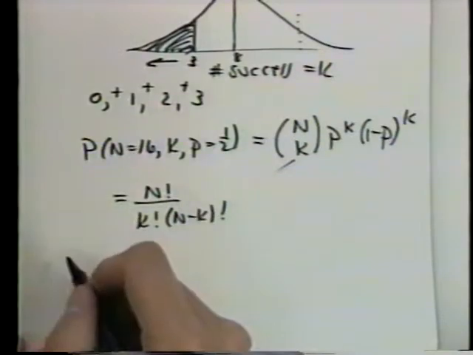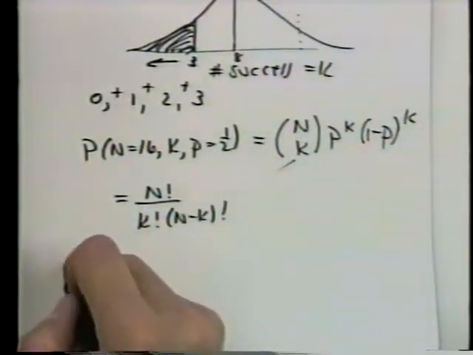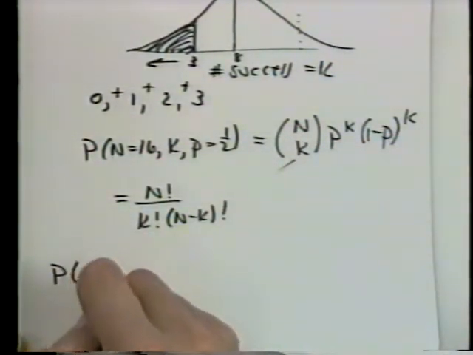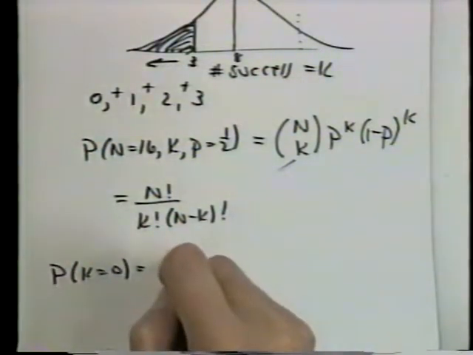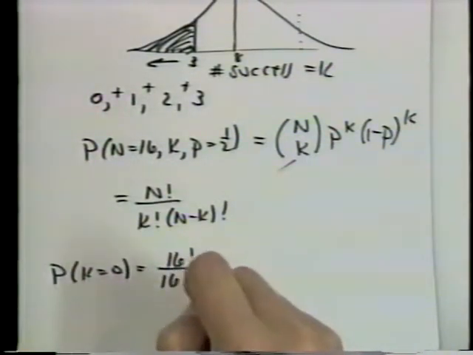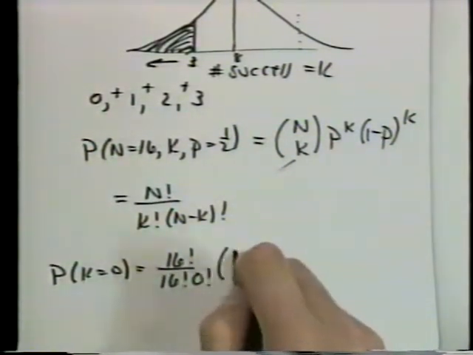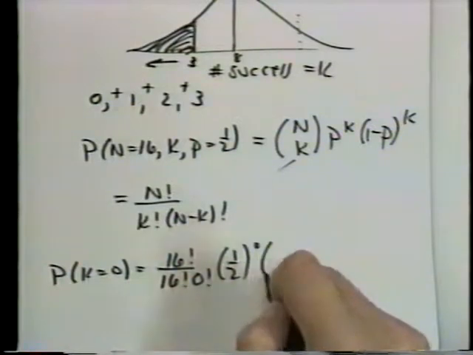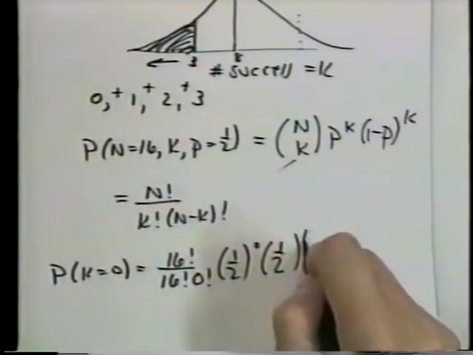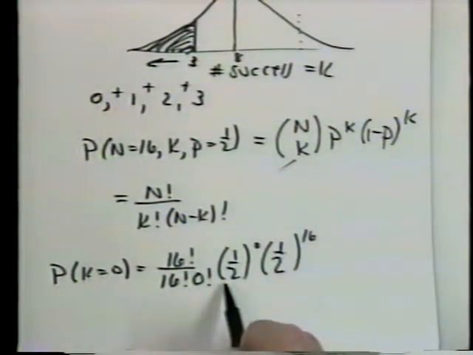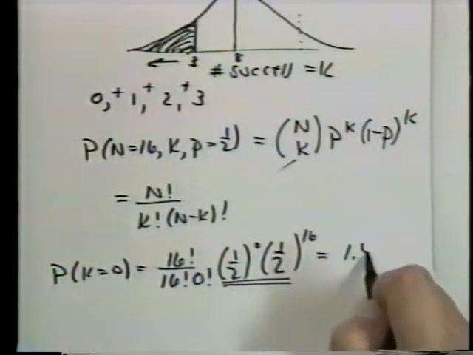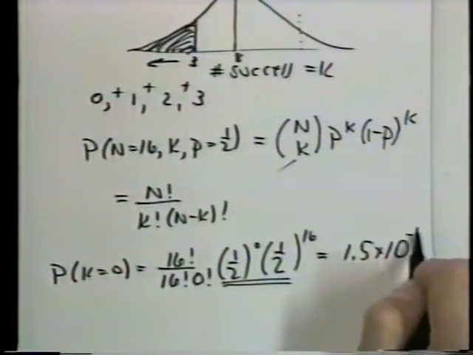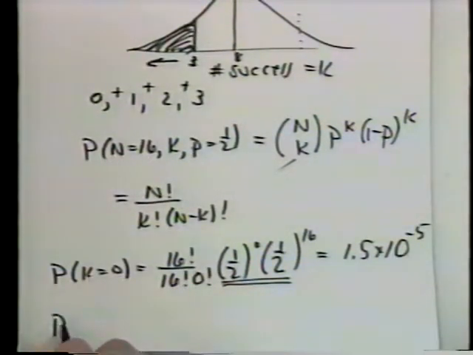So we'll do that. First, let's evaluate the probability for k equals 0. So that's going to be 16 factorial over 16 factorial over 0 factorial, 1/2 raised to the 0, 1/2 raised to the 16. You can see in all these terms, this factor is going to be the same. This is equal, as I said before, to 1.5 times 10 to the minus 5.